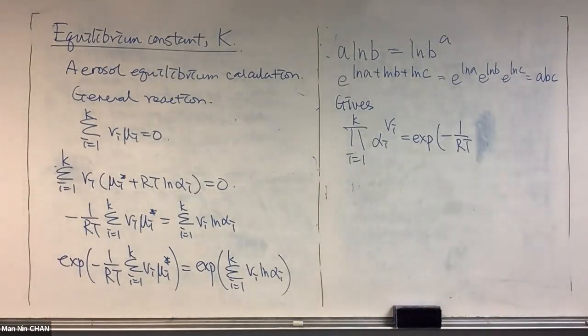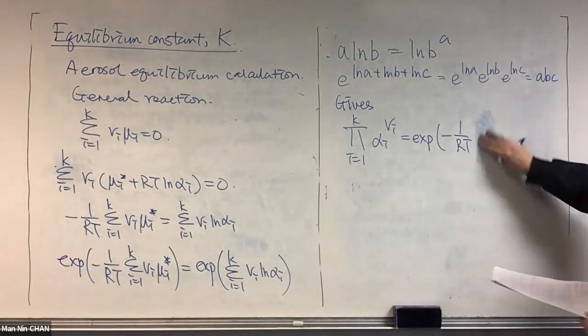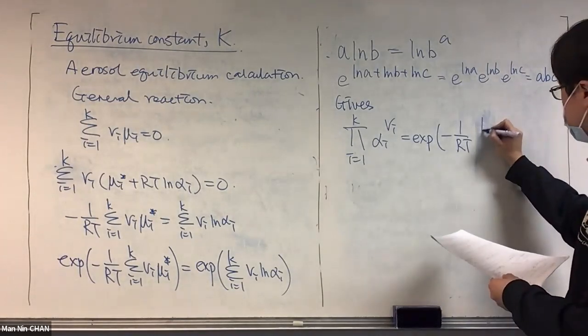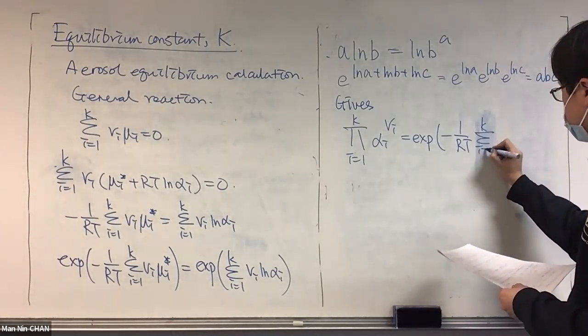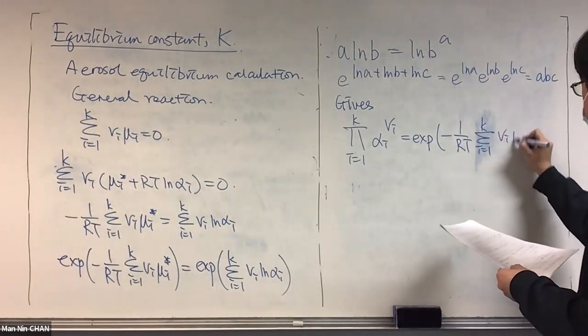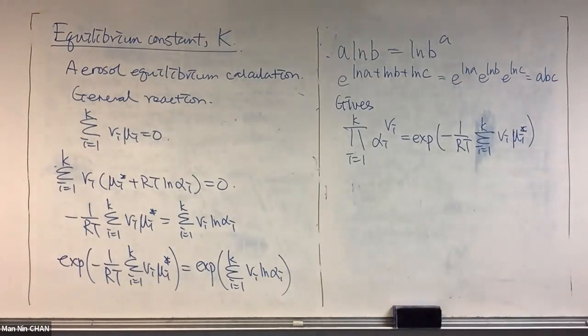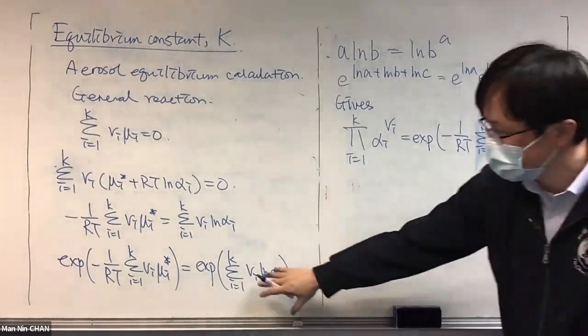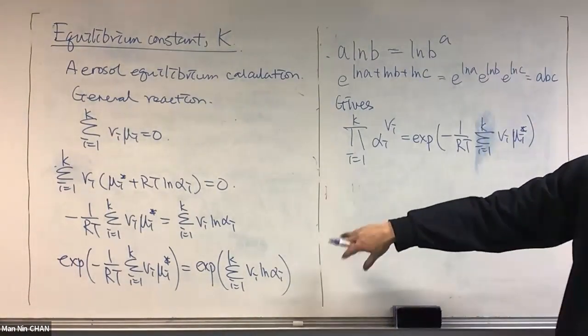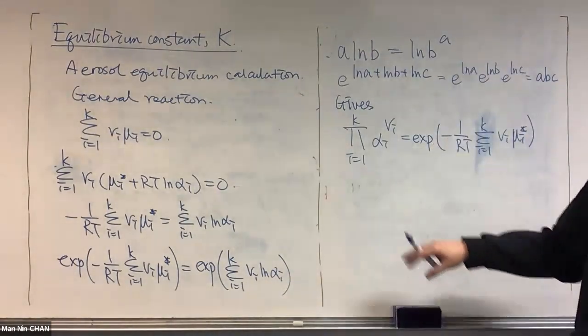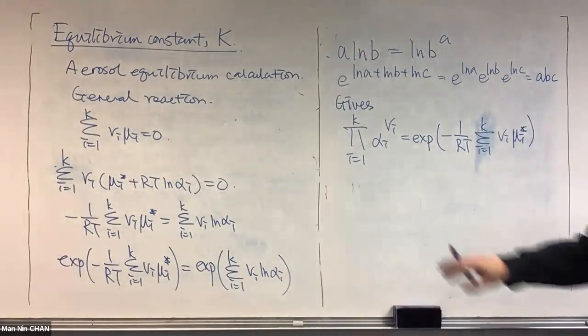I overrun a little bit, so let me just finish this equation quickly. If you rearrange this equation, you will find that on your left-hand side, this term will give you this expression.